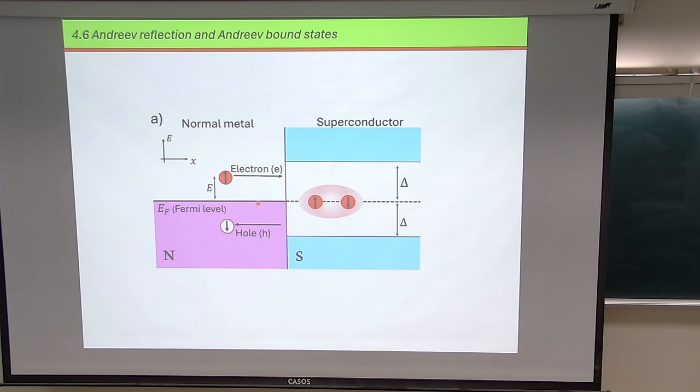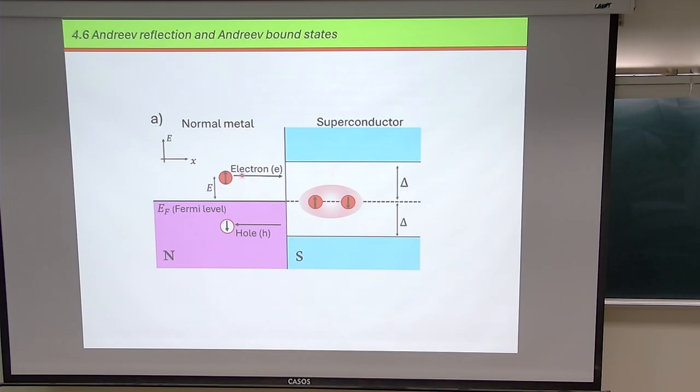So the only way this electron can go into the superconductor is if it forms a Cooper pair inside the superconductor. And so what happens is the electron comes in, it forms a Cooper pair, and then a hole is reflected.